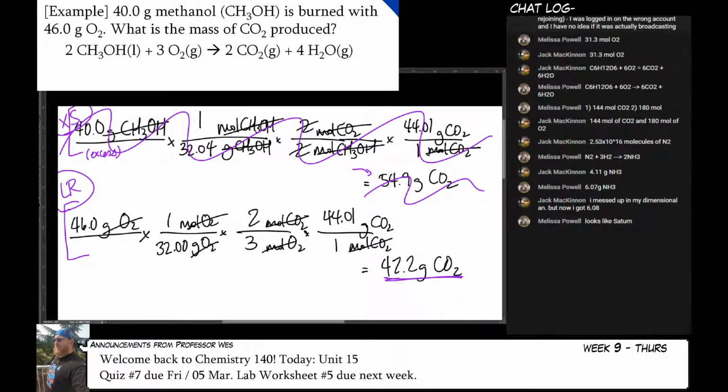So I just draw a loose scribble through the calculation so you can still see what's under it. Because maybe the next problem would ask you, how much more CO2 could you have made if the other reactant was the limiting reactant or something? And then you would need this number right here. So never completely erase or obliterate anything in a calculation, because you might need it later for some reason.